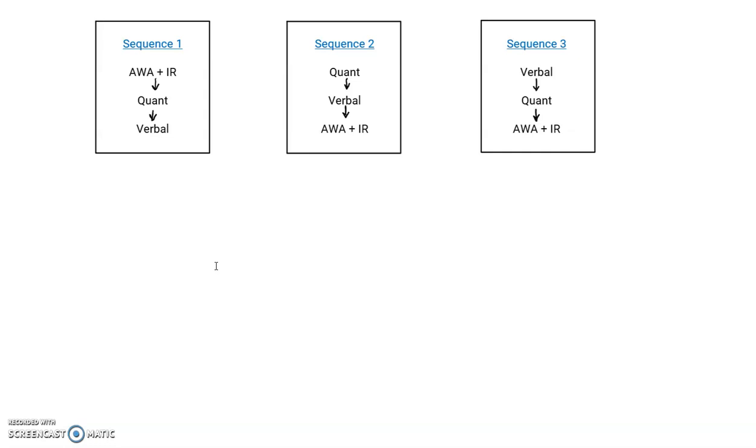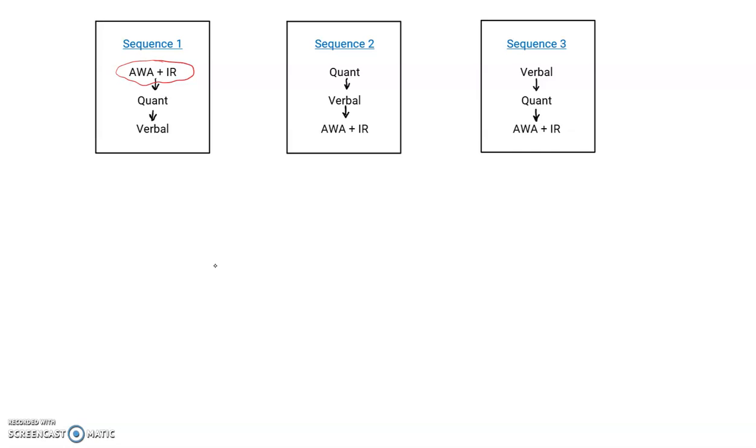We will first go by elimination. We'll try to eliminate one sequence order, which I will never recommend any student to go for. That is sequence number 1. What's the problem with sequence 1? You're starting off with a section, AW and IR, which is not going to affect your score out of 800.